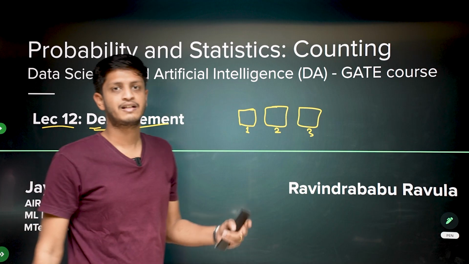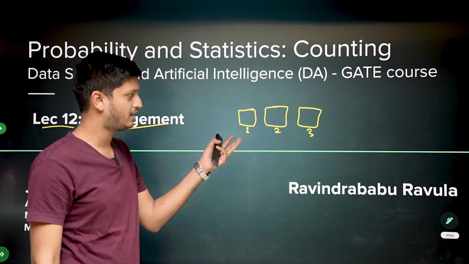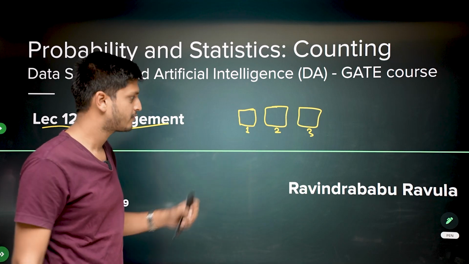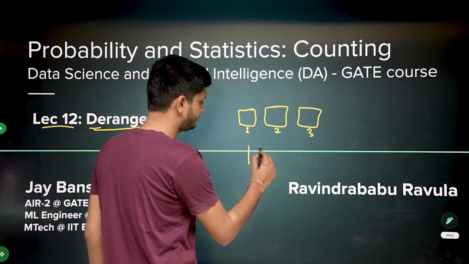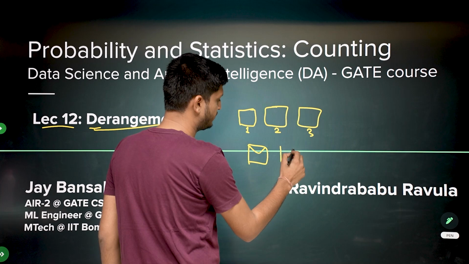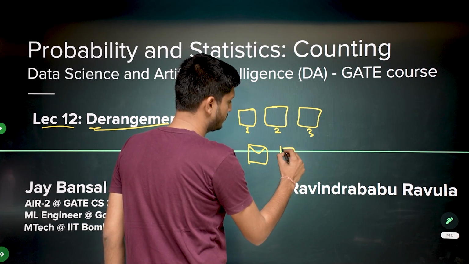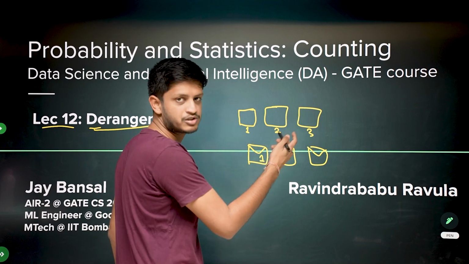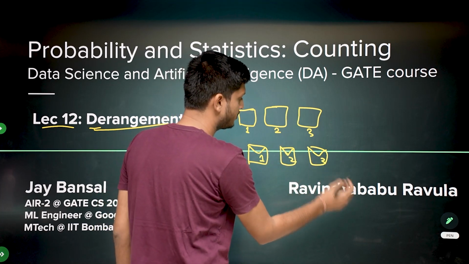Let's say there are 3 people living in a certain society, there are 3 homes, and you have 3 letter boxes, 1, 2 and 3. And now 3 letters come, one for each person. This is for house number 1, house number 2 and house number 3.